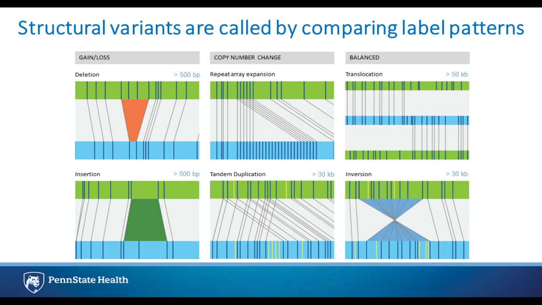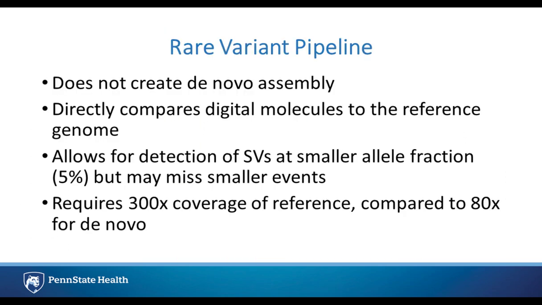And you can see similarly for insertion between those two regions where we used to have bands, there's now an additional band and additional DNA. So that's what we call an insertion. And it's this type of method to call these different structural variants. Now, translocation, for example, the top green refers to a given chromosome, and the bottom green can refer to a different chromosome, for example, or even the same.